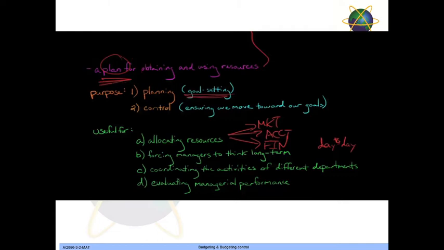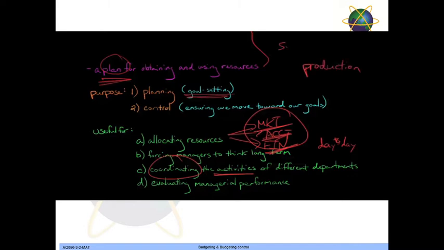And then ideally, in a perfect world, as part of this process, coming up with this plan and the control aspects, we're coordinating the activities of all these different departments, right? So top management can say, here's what our goals are, here's what we want to do, we want to obtain this equipment, we want to produce this amount of units, and so forth. And we're coordinating these activities so that we don't have these different departments just going off doing these things without even thinking about what the other department is doing. For example, our production department, we don't want them to just come up with some random idea of how many units they're supposed to produce, right?